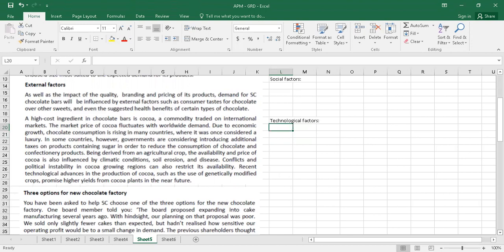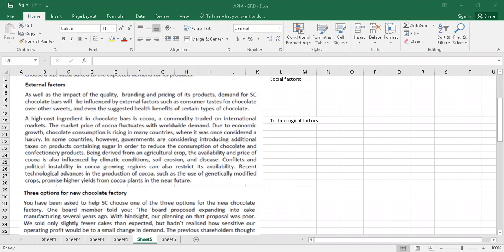Where will it fall? The demand is influenced by these factors. One is consumer taste. Where will it go? Where do we see that? Social factor, ma'am. That's right. Because anything to do with the people is a social factor.